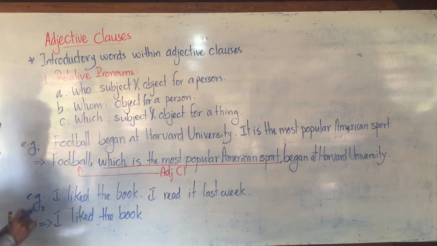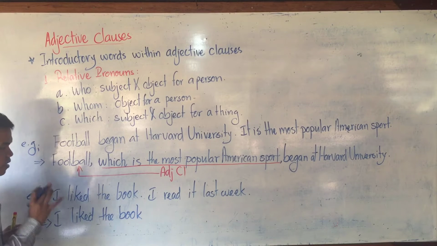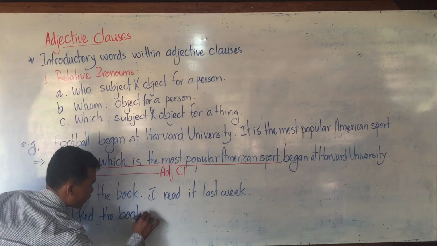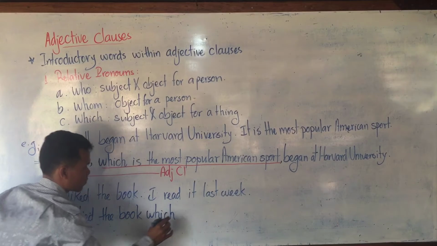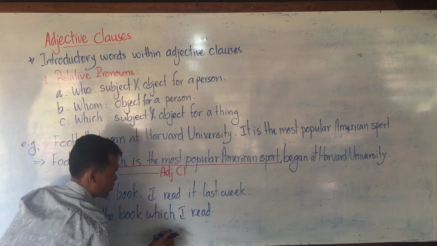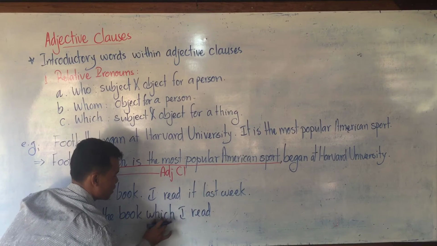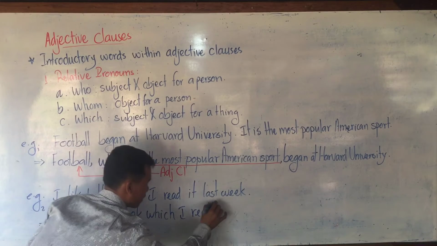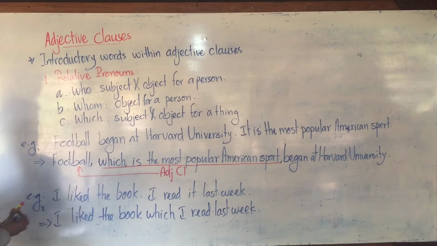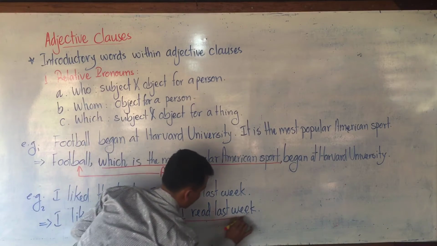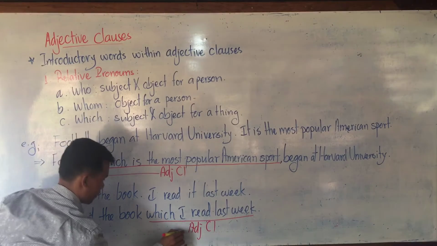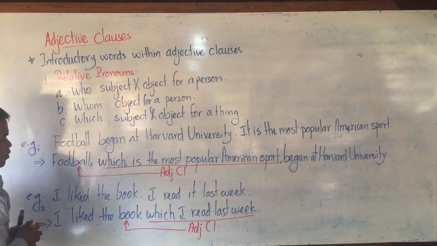Book is a common noun, that's why this adjective clause does not need a comma. It is called a defining relative clause. Which I read last week. Actually, we drop it because which here replaces it already. So the adjective clause is from which to last week. Which noun does it modify? It modifies the book.